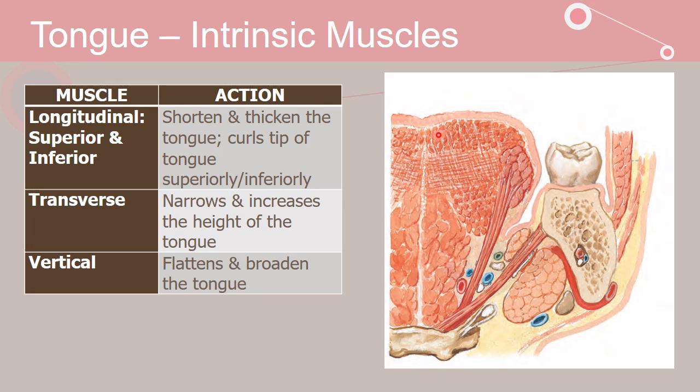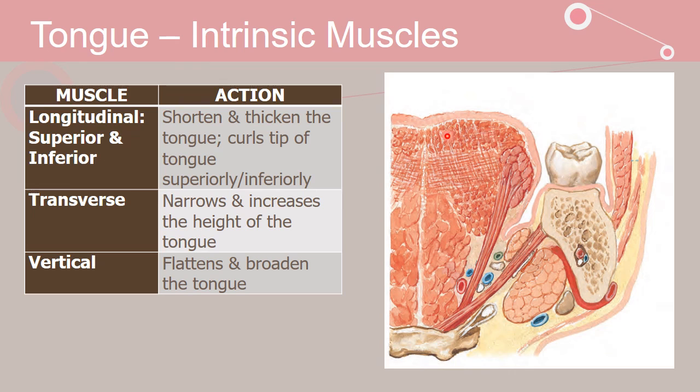We have a superior longitudinal and inferior longitudinal muscle. This picture is a coronal section of the tongue. Okay? So the longitudinal fibers are oriented anteroposteriorly. So the fibers of the longitudinal muscles run from the anterior to the posterior surface of the tongue.